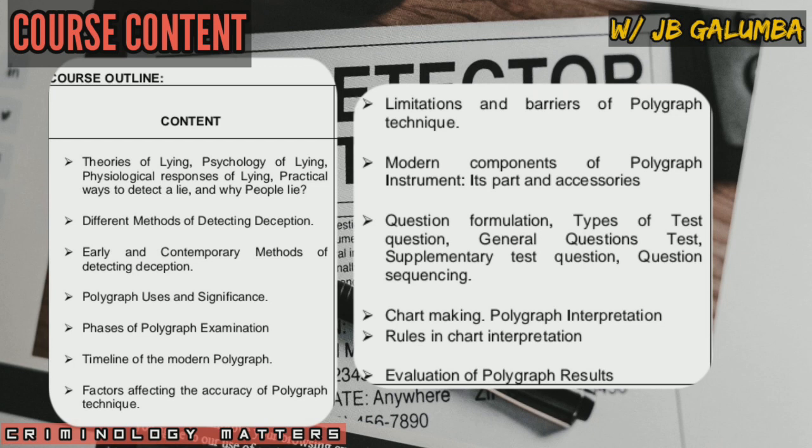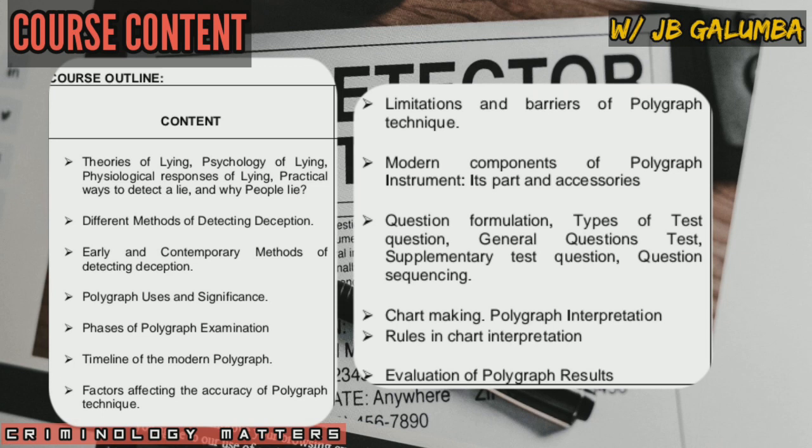So these are part of the psychological aspect of lie detection. Okay, so we're not just trying to figure out what is the truth and what are lies. We try also to figure out why people do this and why people do that. So that's basically part of the theories of lying and the psychology of lying.